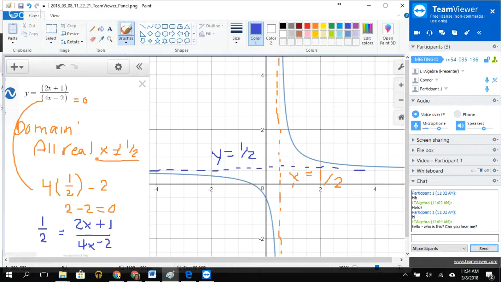Let's pick a value, like x equals 1, because that looks pretty close. Well, actually, I lied. We are saying that x cannot equal 1/2. But as we get really, really close to x equals 1/2, hold on a second, I'm not explaining this right. Give me 1 second to think.